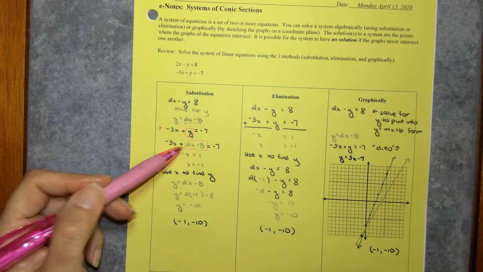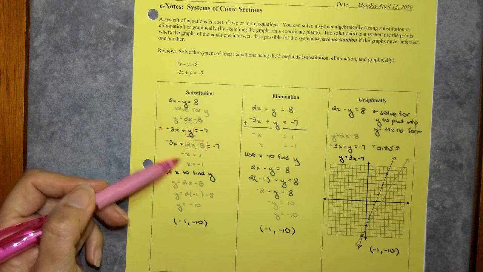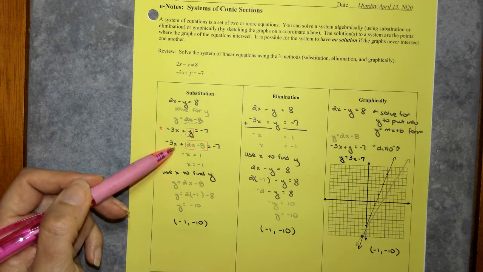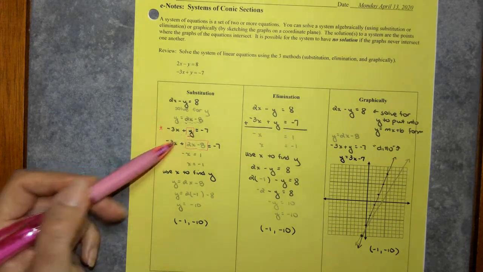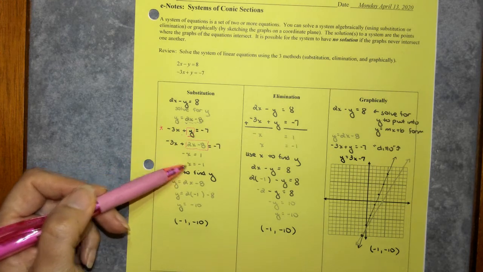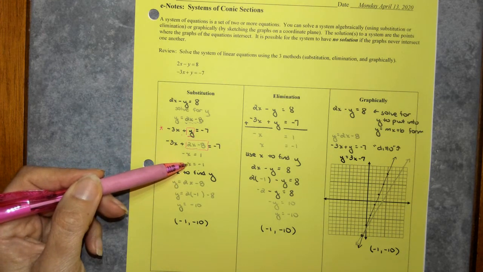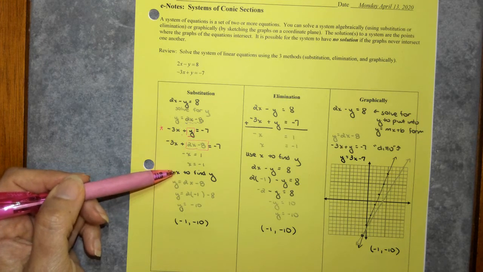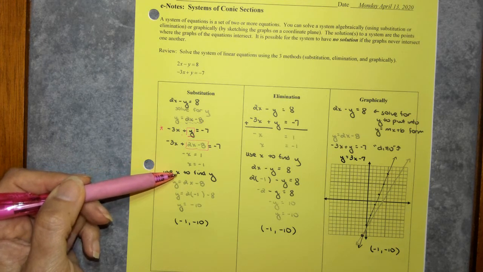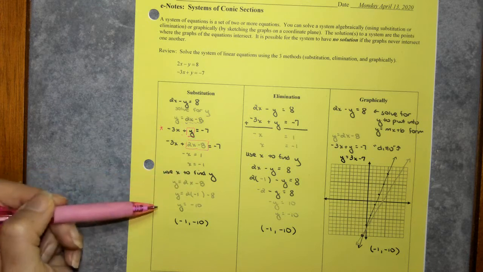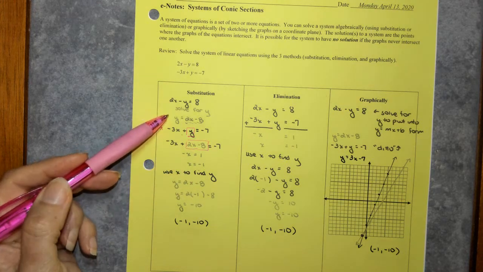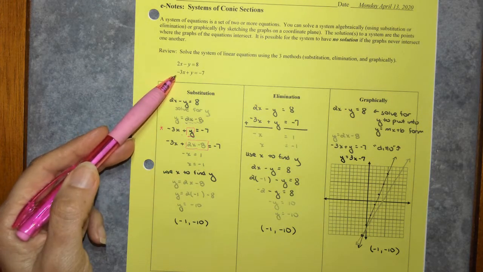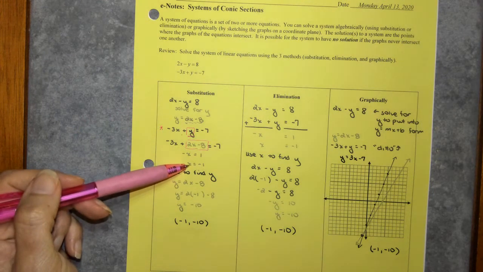You then combine like terms and solve the simplified equation that now, instead of having two different variables, only has one variable. What you'll do then is take the x value that you found. It doesn't have to be x that you find first, but in our case we did, and you'll use that variable to find the other. So you'll go back to one of your two original equations, and you will make that replacement.